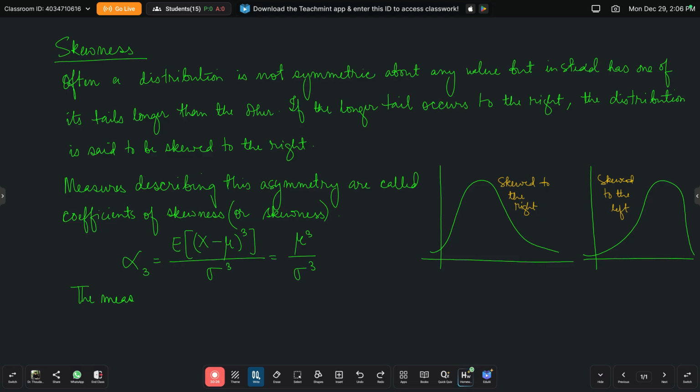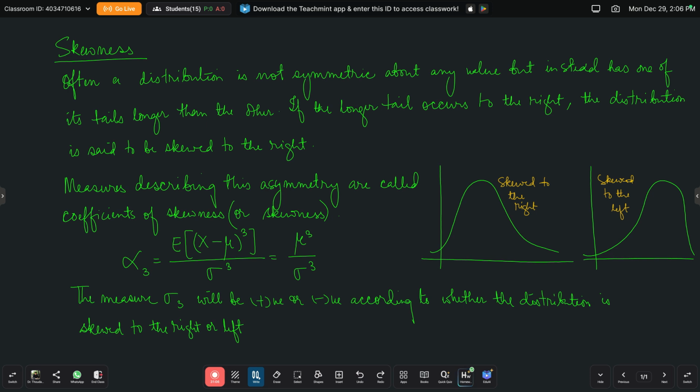The measure will be positive or negative according to whether the distribution is skewed to the right or left, respectively. For a symmetric distribution, skewness returns 0.